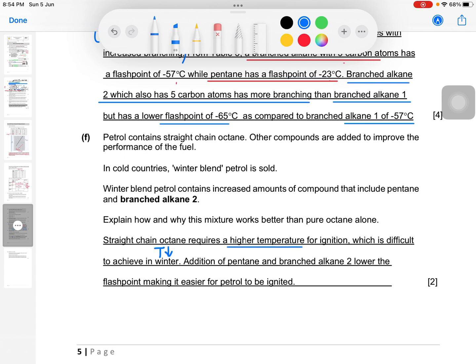Higher temperature means you need more energy to burn. Addition of pentane and branch alkane 2 lowers the flash point, making the petrol easier to ignite.